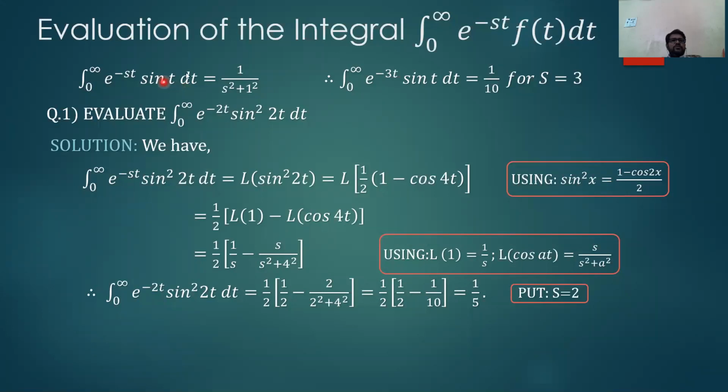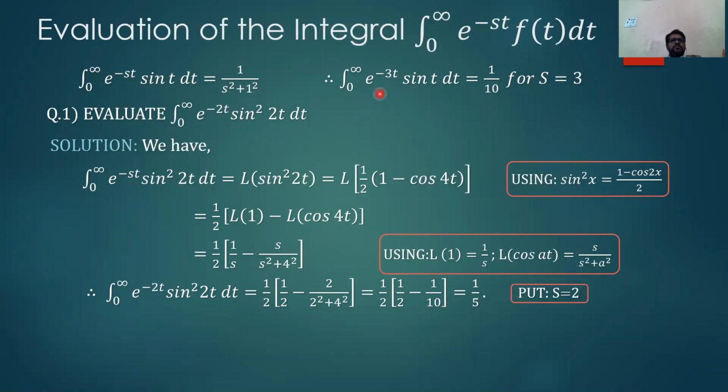As you know, by the definition of Laplace transform, L of sin t equals the integral from 0 to infinity e raised to minus st sin t. So first of all you have to find the Laplace of sin t. The Laplace of sin t is 1 upon s square plus 1 square.